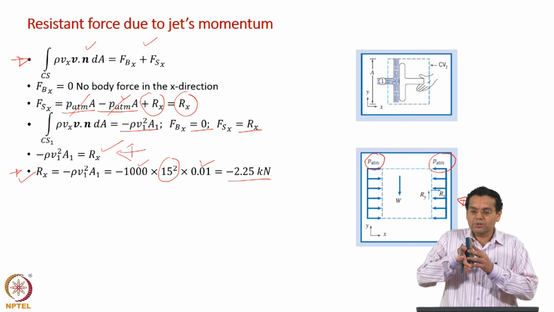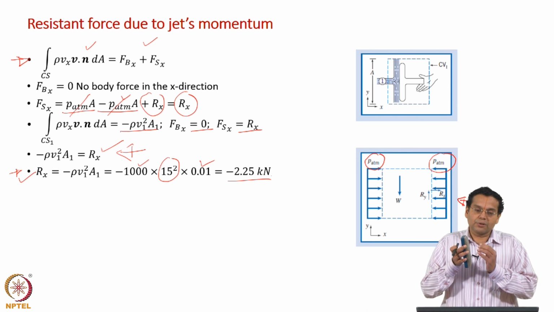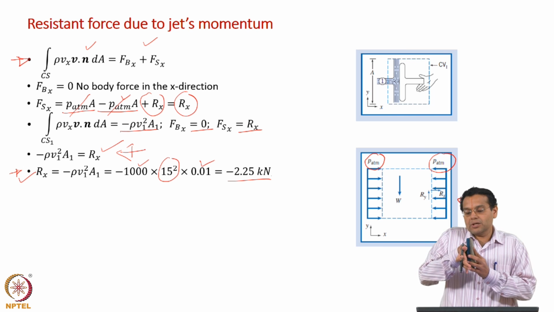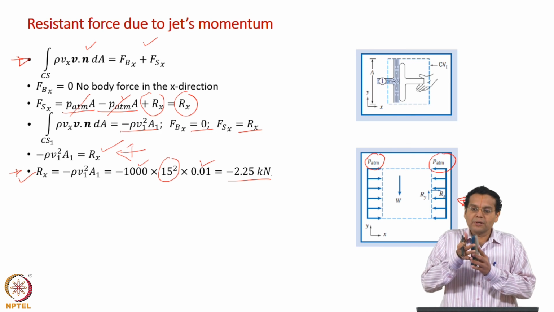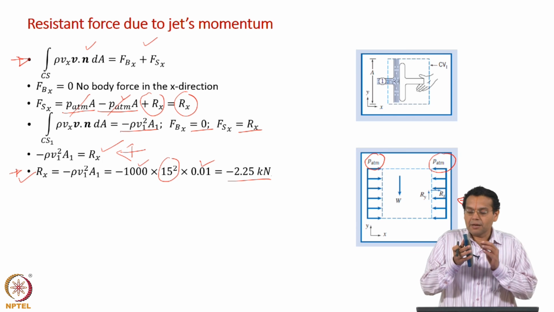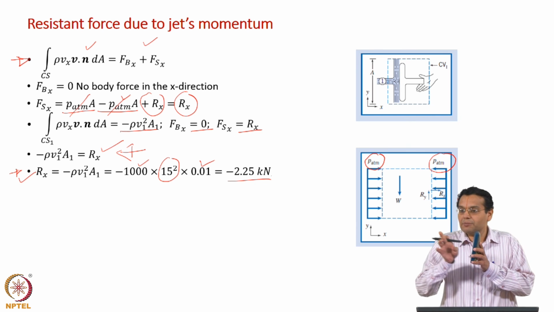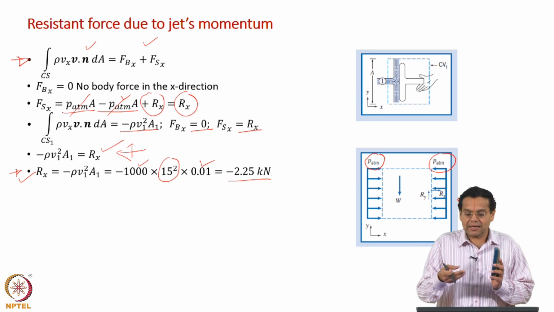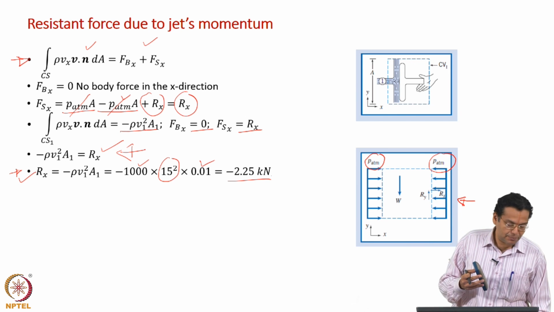So, our force on the control volume should be directed towards the negative x axis, that is the result we have obtained. But we said R x is towards the positive x axis, that is why we have got a negative sign for R x. That is what the negative sign implies.